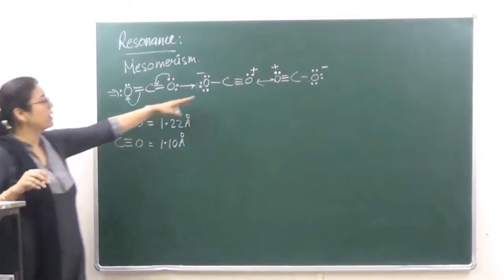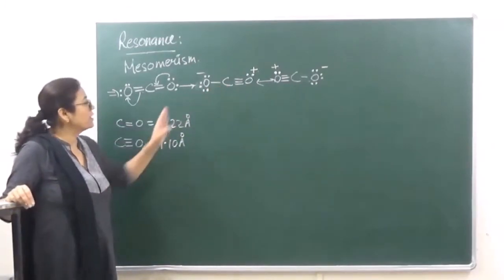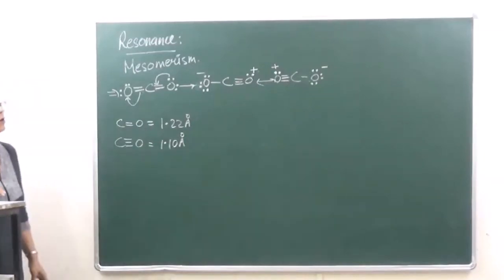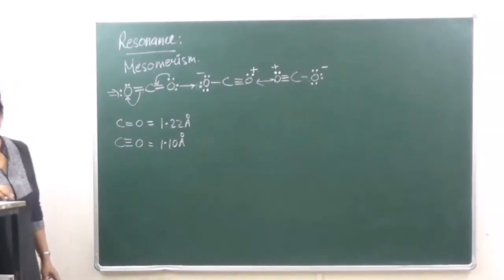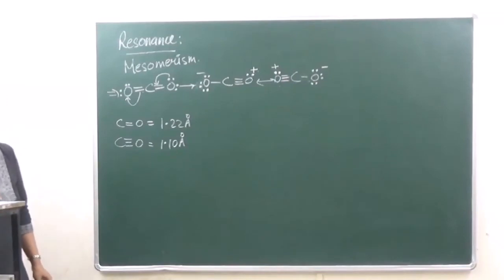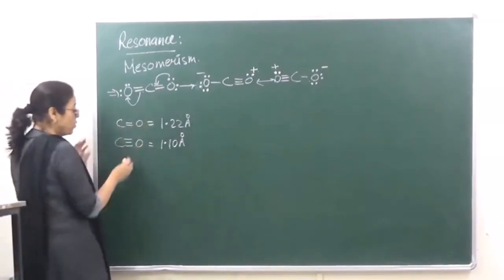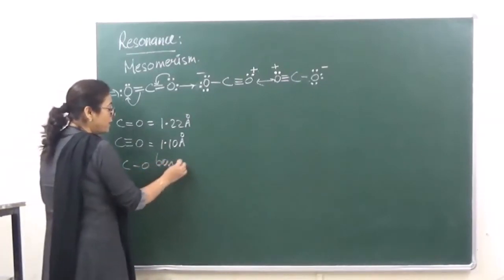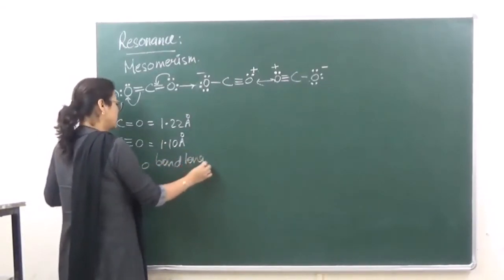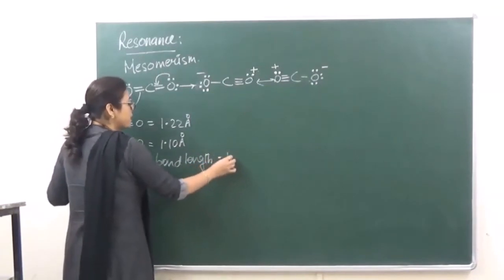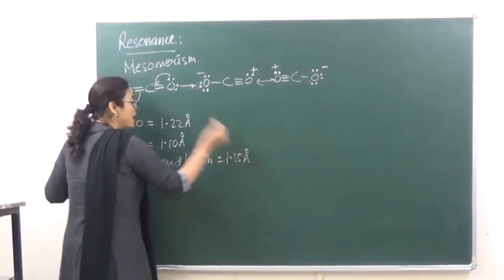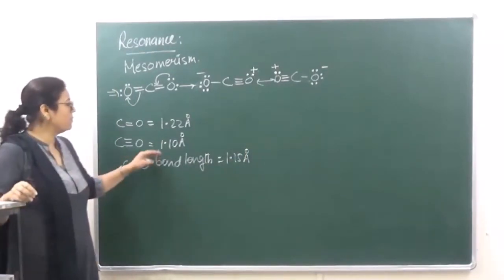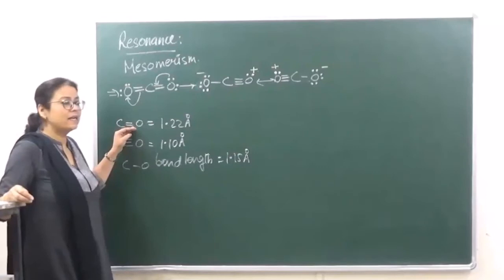Or in this structure, one bond length should be 1.10 and the other should be equivalent to the bond length of a single bond. But this does not happen. It is seen that the carbon oxygen bond length in carbon dioxide is calculated to be 1.15 angstrom, which is in between triple bond and double bond.